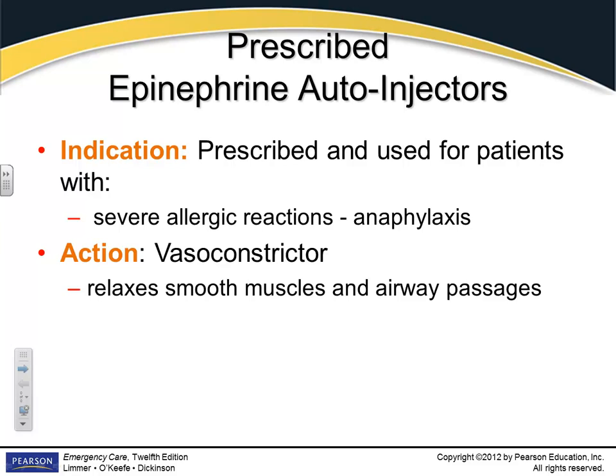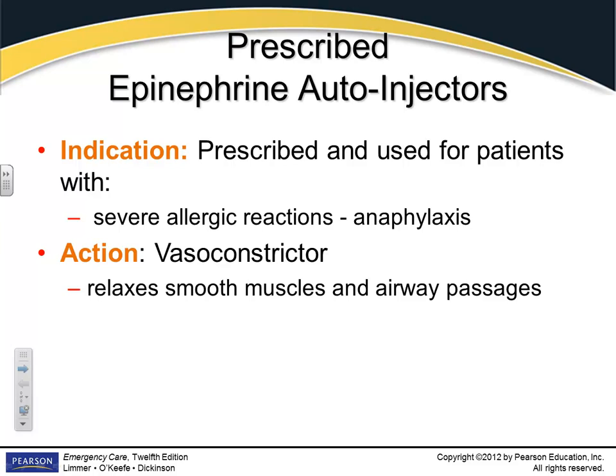If you have a severe allergic reaction, we get a widespread vasodilation, and you get the bronchioles constrict. Those are the two things that will tell you that it's anaphylaxis.